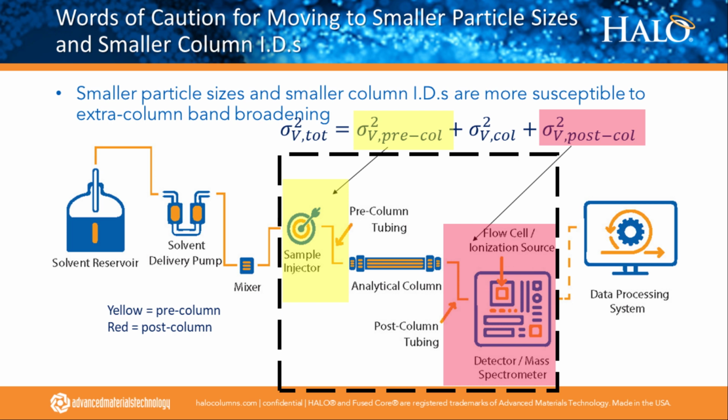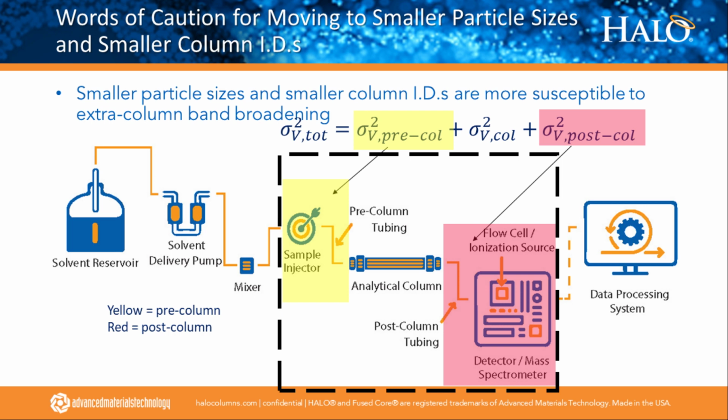And in yellow, I have the pre-column dispersion, which includes the sample injector, the injection volume, and the pre-column tubing. And then in red highlighted, we have the post-column dispersion, which is impacted by the post-column tubing and the flow cell or ionization source.